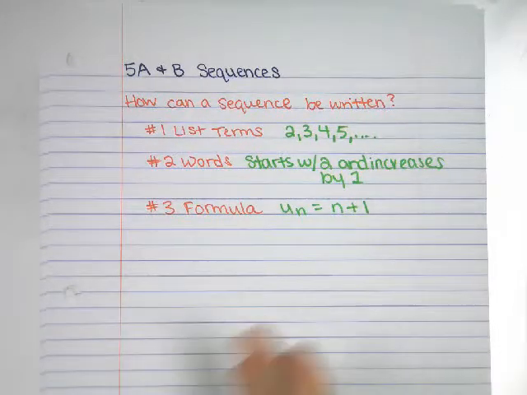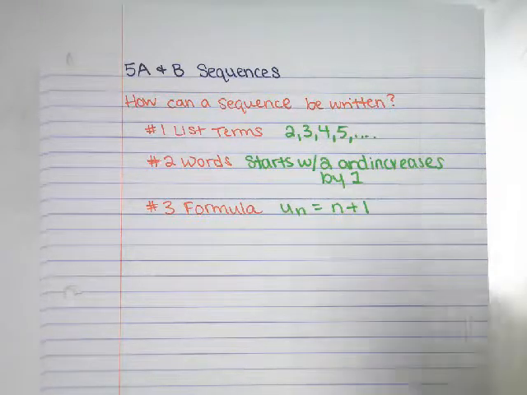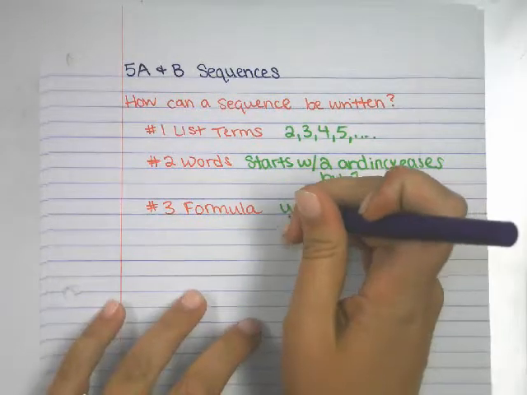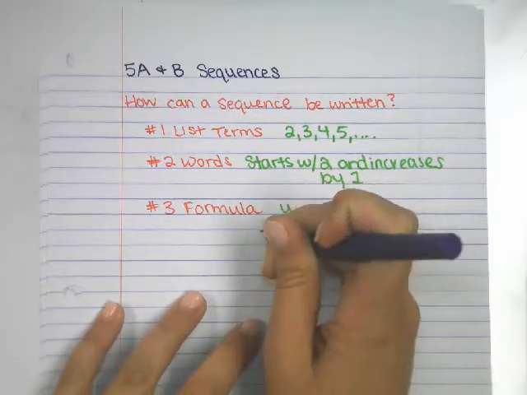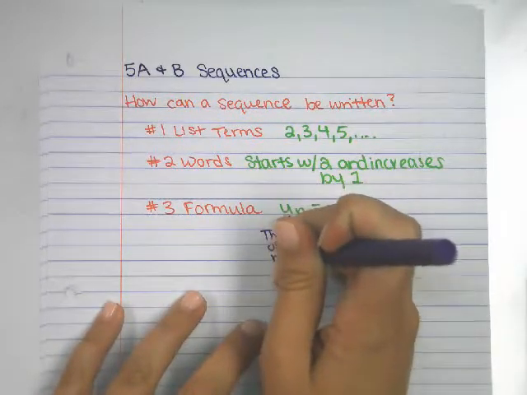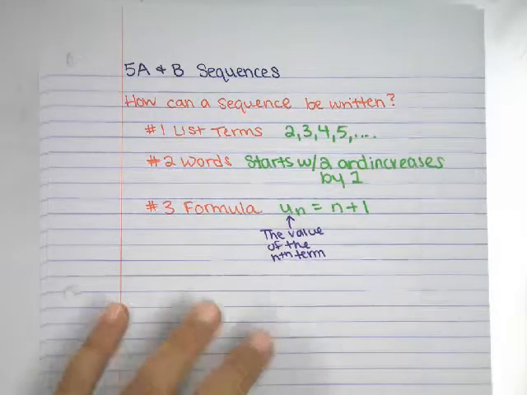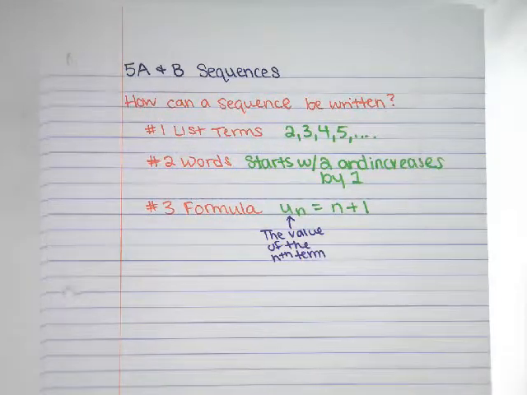So what does this mean? U sub n, right here, this is the value of the nth term. So the nth term, the first, second, third, fourth, fifth, sixth term, whatever you want it to be.